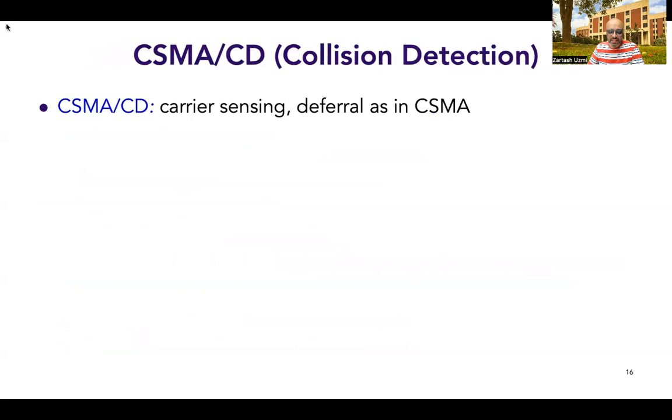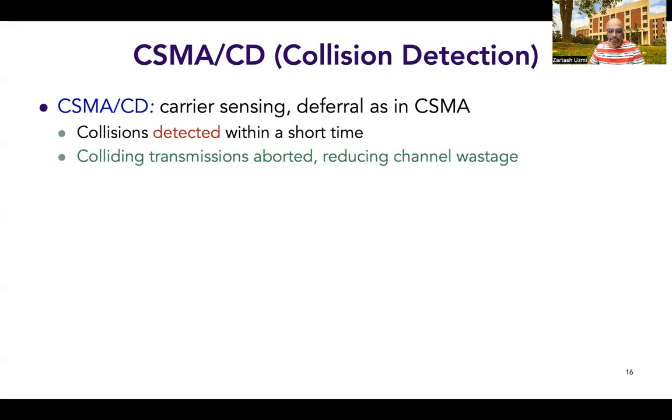So CSMA/CD is carrier sensing, and you sense whether somebody is transmitting. If somebody is not transmitting, you can transmit, but if somebody is transmitting, you defer, as you do in the case of plain CSMA. If collisions occur, they will be detected in a very short period of time. What that means is, when colliding transmissions are detected, you will abort those, and you will reduce the channel wastage.